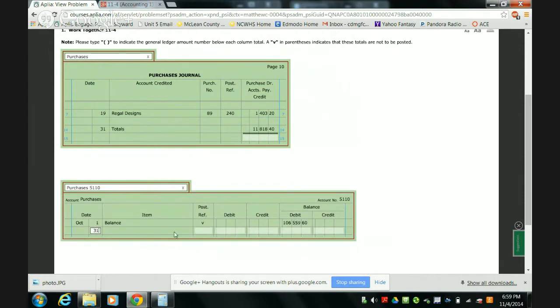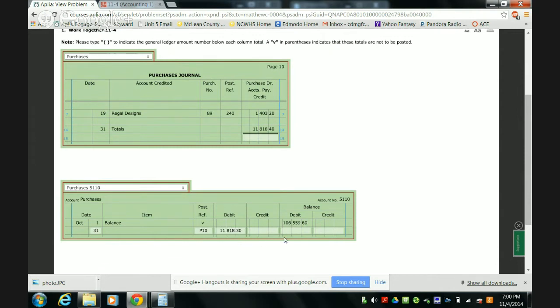On the 31st, purchase journal P10, I've got a purchases credit, or debit, I'm sorry, of $11,818.40.